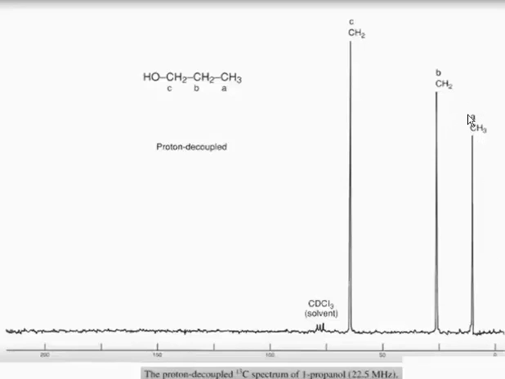All right, now there's something else. In proton NMR, we learned that the number of protons in an equivalent set is related to the size of the peak that that set produces. The more protons there are in the set, the larger the peak.